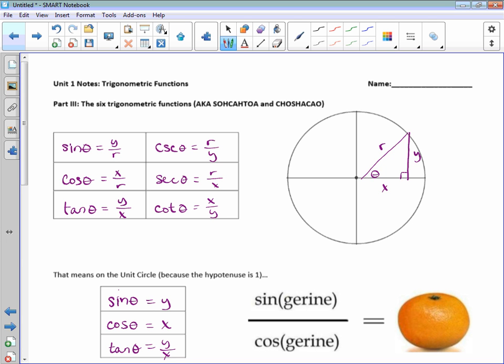Because you're looking at the ordered pair that goes with that. We're going to graph sine and cosine later, and it is 0, it is 1. You can't draw the triangle there to figure it out. You're just looking at the coordinate, the x and the y, okay? Because if you try to draw a triangle, the hypotenuse is the same as the y, and that doesn't work. So yeah, you can't actually draw the triangle.